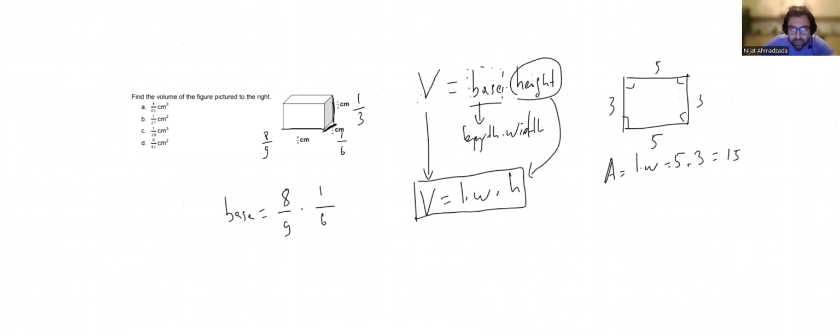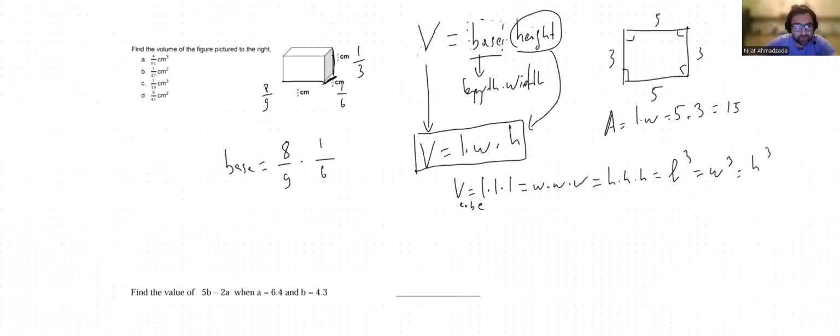So the volume of a cube would be length times length times length, which is length cubed, or width cubed, or height cubed. But our figure is not a cube, so we have a different figure here.